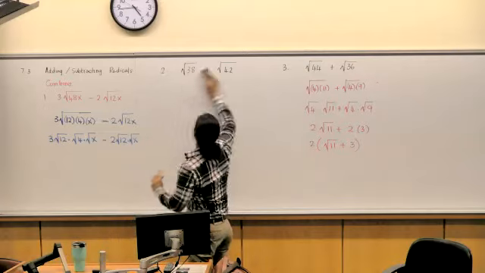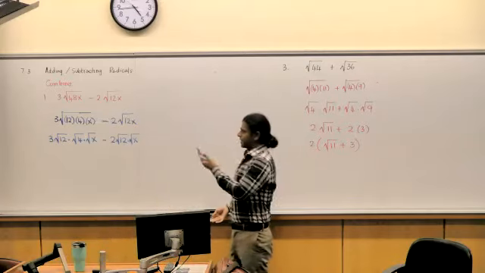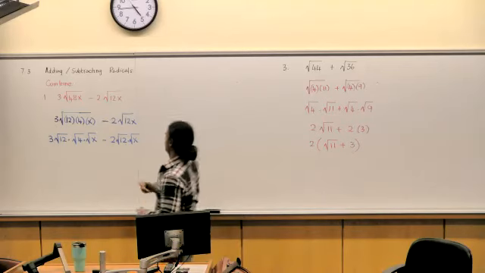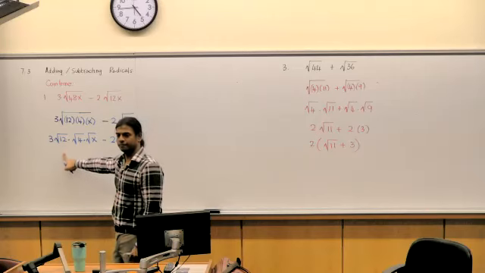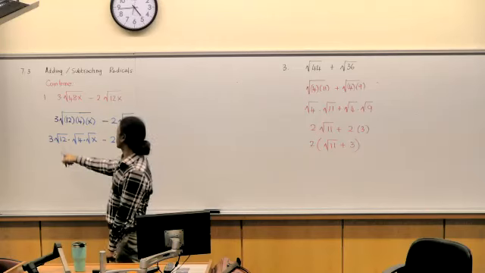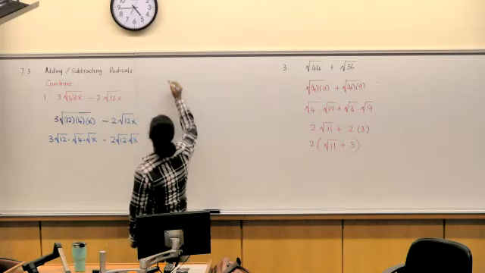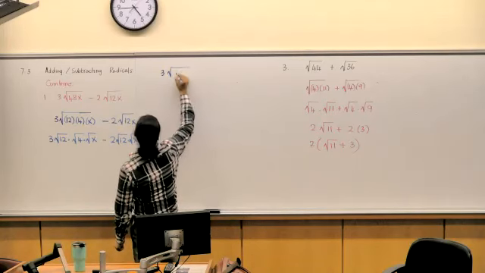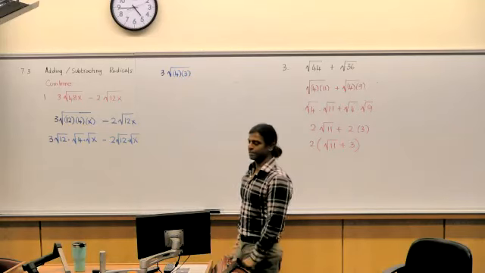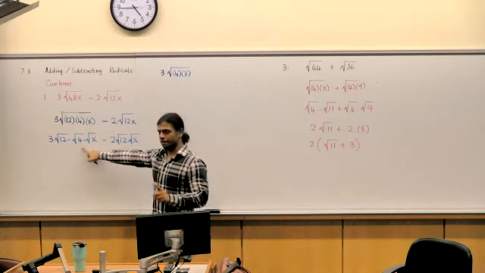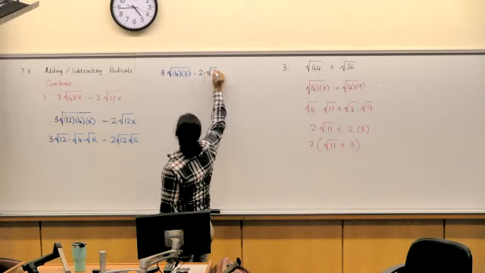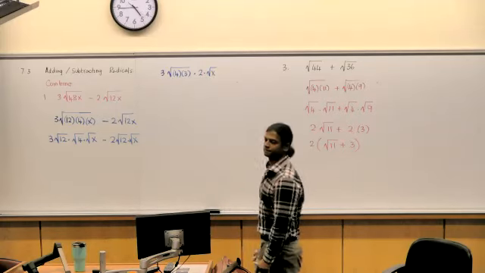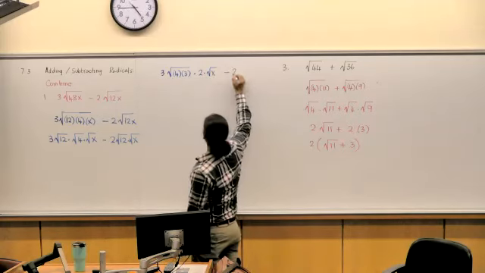There are multiple ways to do this, but I'm going to do it this way. Square root of 12, can I split it further so that I have a perfect square? I can write it as square root of 4 times 3. That square root of 4 would become 2, multiplied by root x, minus 2.